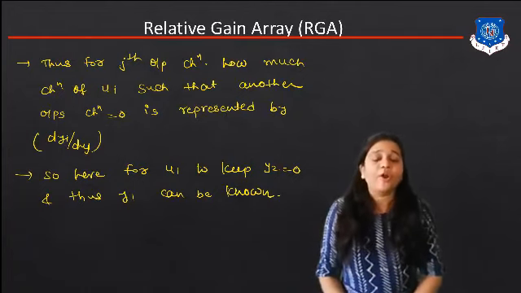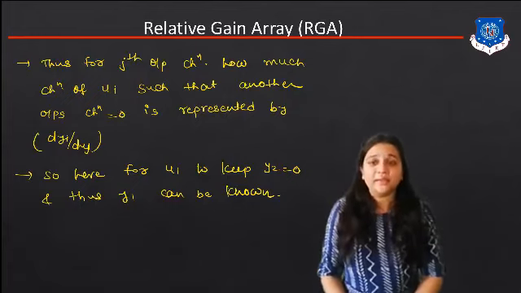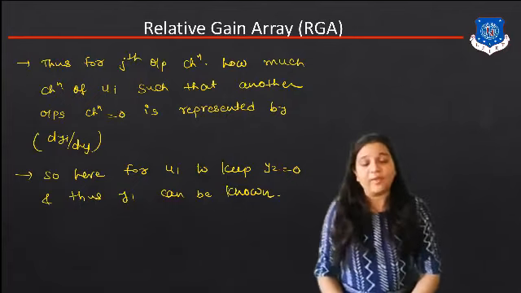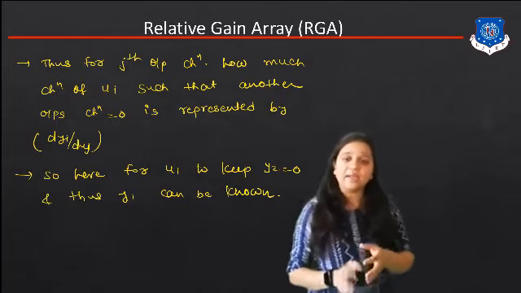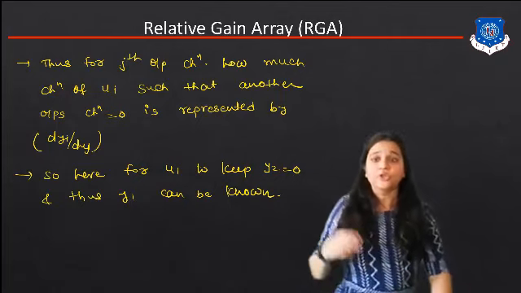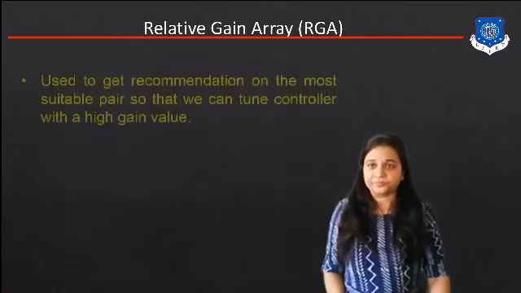So whenever two loops or two equations are given, we can keep y2 equal to 0. So we can find the value of u1 and y1.